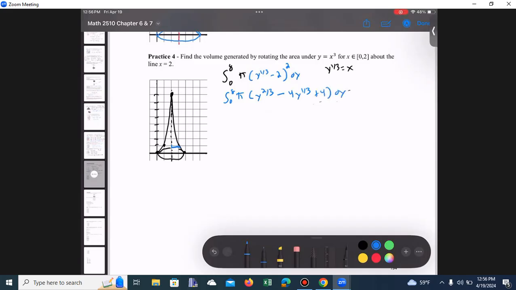There would just be more involved in this, but it's not going to be too bad. So we'll take the antiderivative: y to the 5/3 times 3/5, minus 4y to the 4/3 times 3/4, so the 4 actually cancels, and then plus 4y, from 0 to 8.